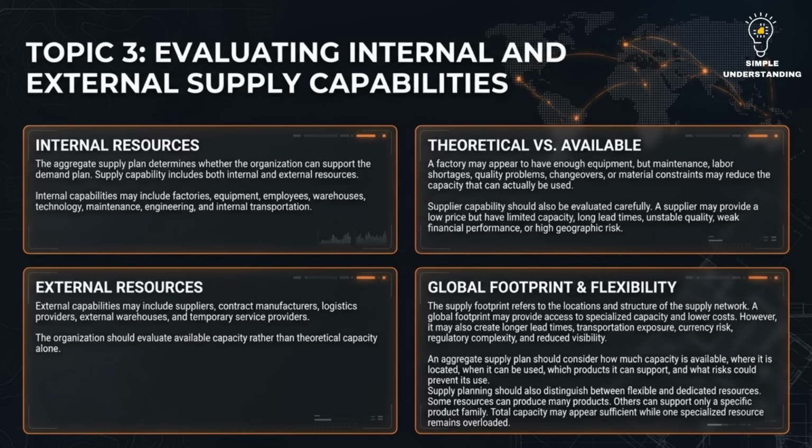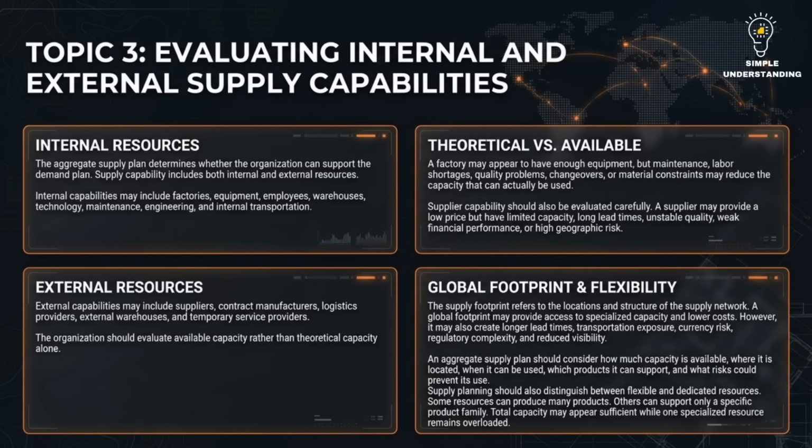A global footprint may provide access to specialized capacity and lower costs. However, it may also create longer lead times, transportation exposure, currency risk, regulatory complexity, and reduced visibility. An aggregate supply plan should consider how much capacity is available, where it is located, when it can be used, which products it can support, and what risks could prevent its use.